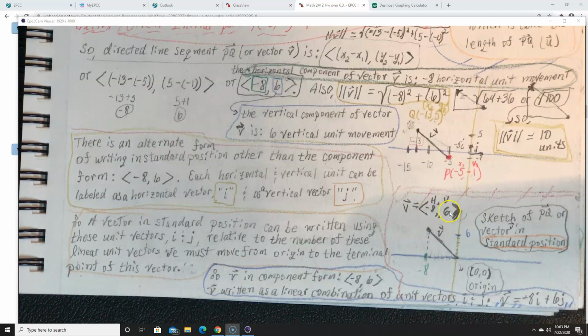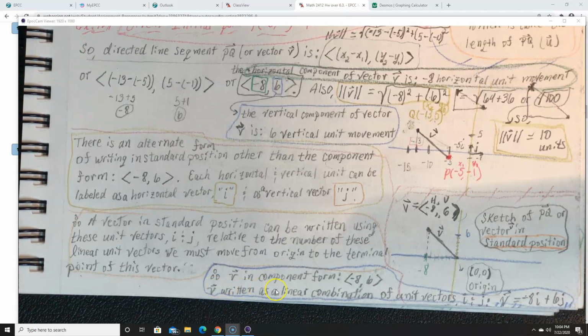If you'd like to write it in an alternate way, in terms of the number of horizontal unit vectors i and the vertical unit vectors j, then from the origin you're going to move -1i, -2i, -3i, -4i, and so on, -8i, plus 1j, 2, 3, 4, 5, 6j.